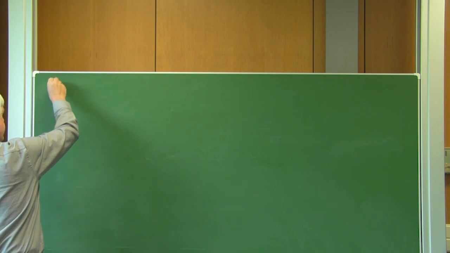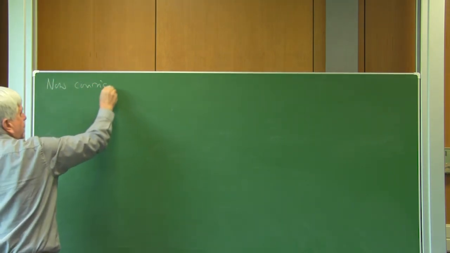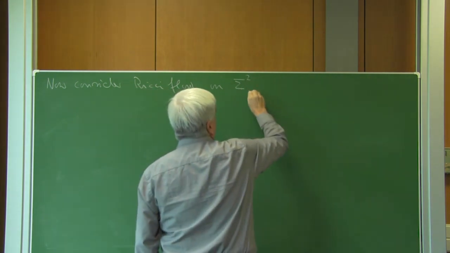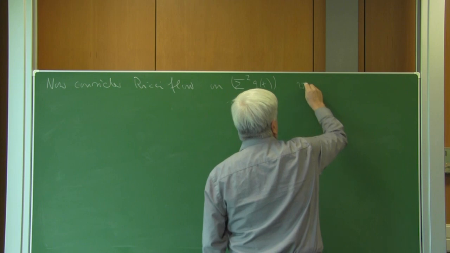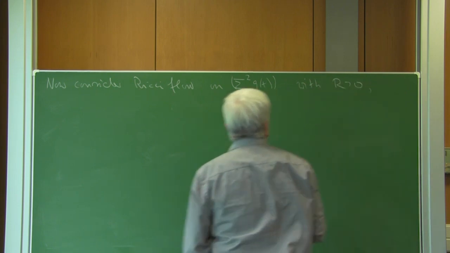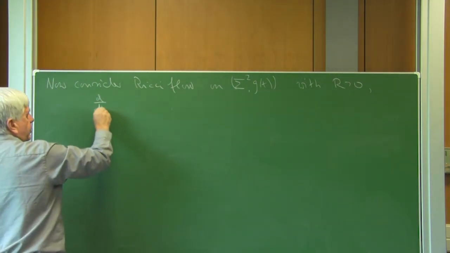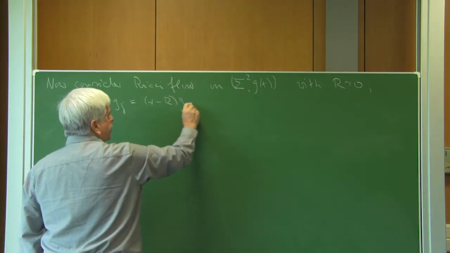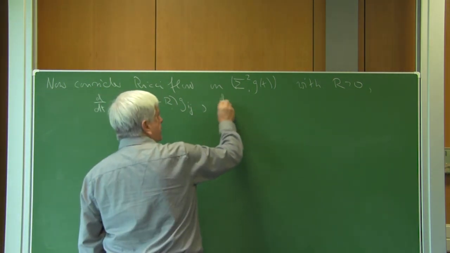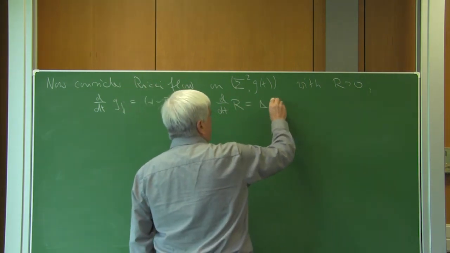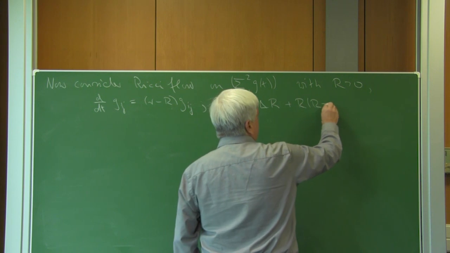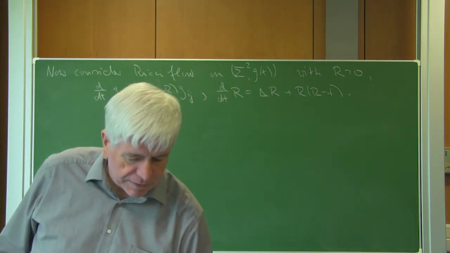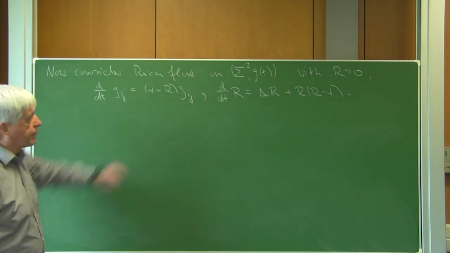So now consider Ricci flow on a surface Σ2 with the situation where scalar curvature is greater or equal to 0, and we have ∂/∂t of gij equal to (R minus r) times gij, and we know already that in this case the scalar curvature satisfies ∂R/∂t equal to Laplace R plus R times (R minus little r), where little r is a constant fixed in time given by the Gauss-Bonnet integral, the average of capital R.